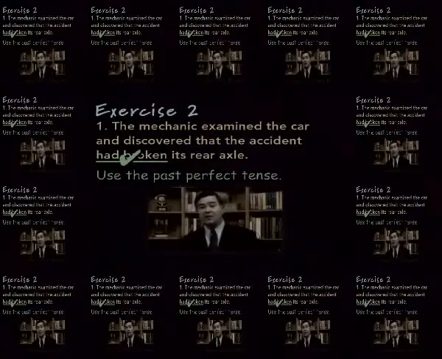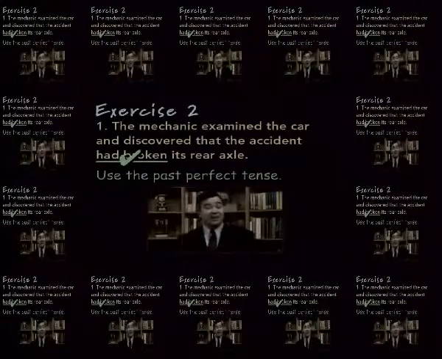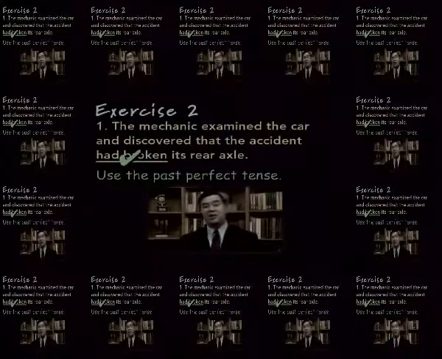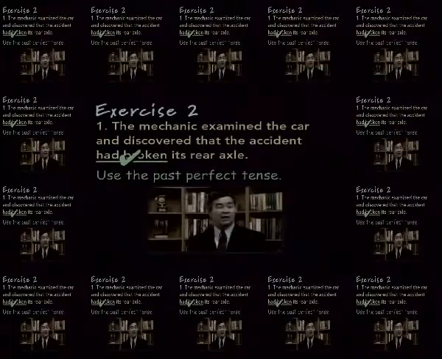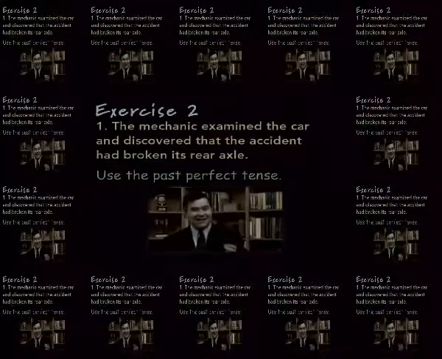Remember that the past perfect tense is formed by using the helping verb had and then the past participle of the verb. Now here comes the crucial question. For the irregular verb break, is broken the past participle? In other words, is this irregular verb correct? The answer is yes, it is correct.